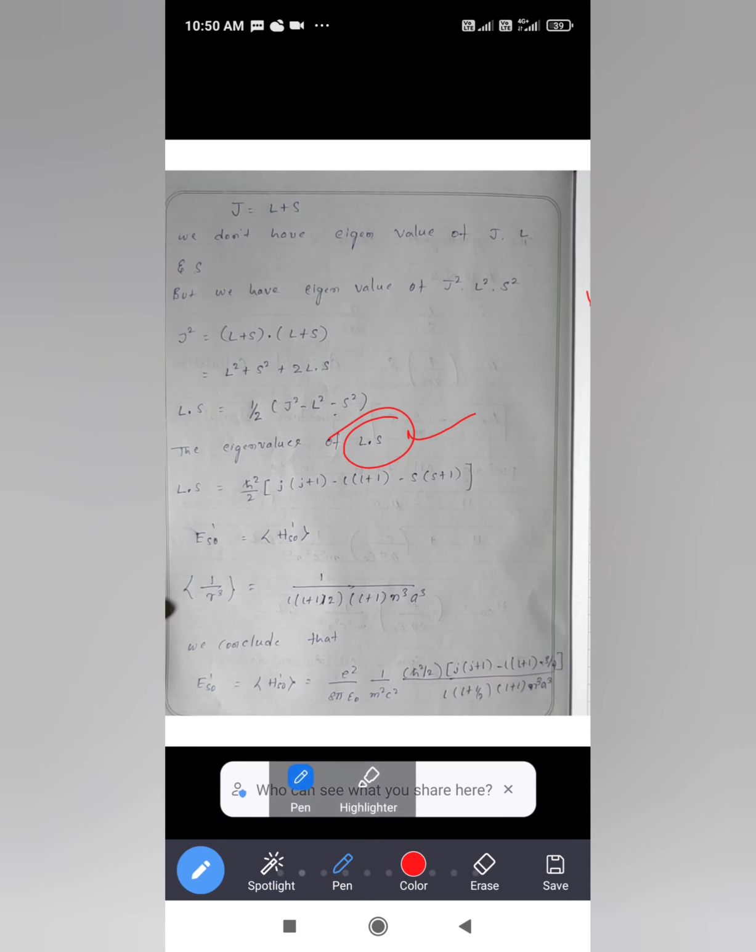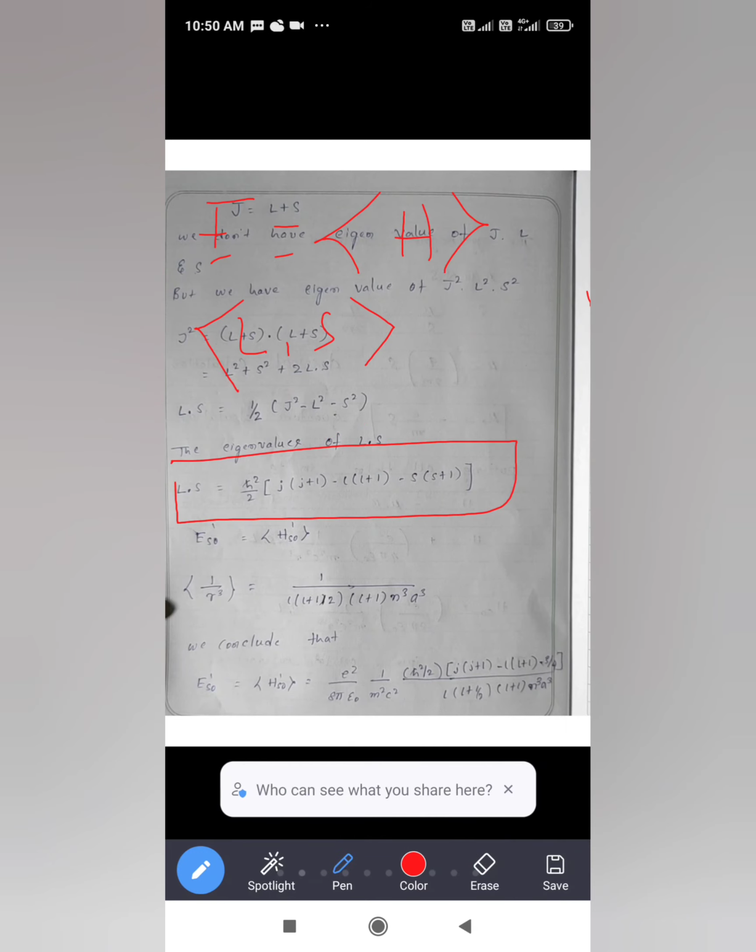Next, here we calculate the energy. How to calculate the energy? You take the expectation value of H. H contains L dot S. So the expectation value of L dot S is equal to H cross square by 2 times J into J plus 1 minus L into L plus 1 minus S into S plus 1.